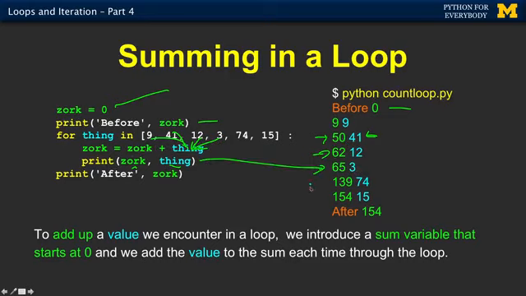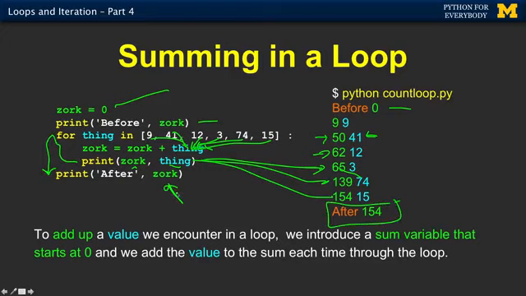Then we get 74, so 65 plus 74 is 139. We do the last one, 15, and 139 plus 15 is 154. We print that out, and now it goes back up, but the for loop is done, so out we come. At the end, this running total becomes the total, 154.